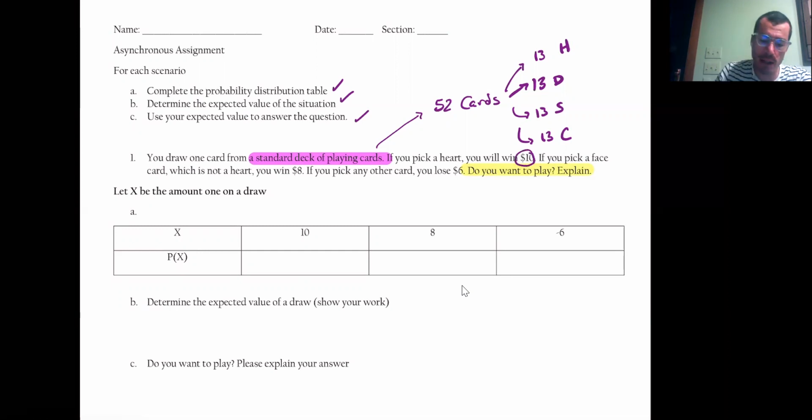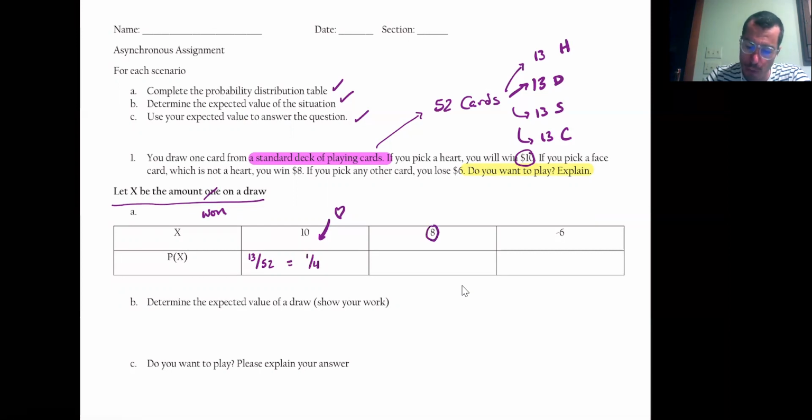If X is the amount won on a draw, what's the probability that I win $10? I win $10 when I get a heart, so the probability is 13 out of 52, or 1/4.